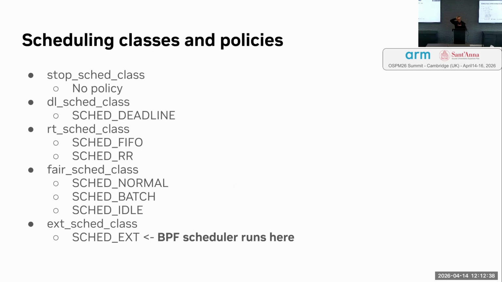So how is SCADX implemented? SCADX is a new SCAD class that runs below FAIR. Essentially, if you have real-time tasks or FAIR tasks, they can completely starve EXT. That was before V70.